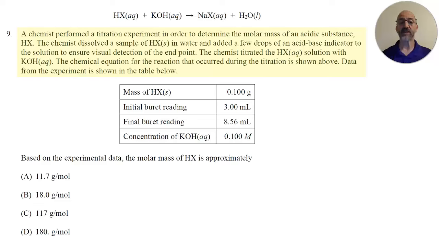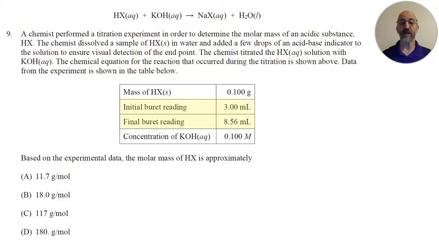And the chemical equation for the reaction that occurred during the titration is shown above. Data from the experiment is shown in the table below. Now, we have mass of HX is 0.100 grams, but we can't convert that from grams to moles because we don't know the molar mass of HX. We have an initial burette reading, which is 3 milliliters.